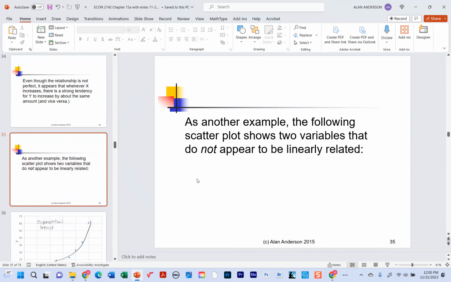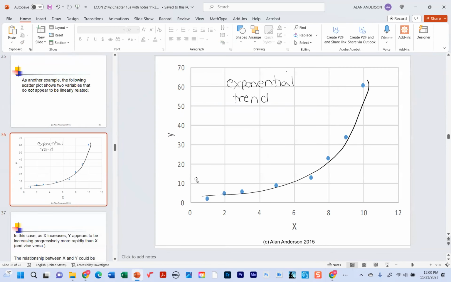Now let's look at a case where that's not true. Look at this one. Oh, now you can see that at first x and y seem to be linearly related, but then as we get further and further up here, all of a sudden it's not linear anymore, is it? The thing is here, that trend line, which is called an exponential trend, the slope is getting steeper.